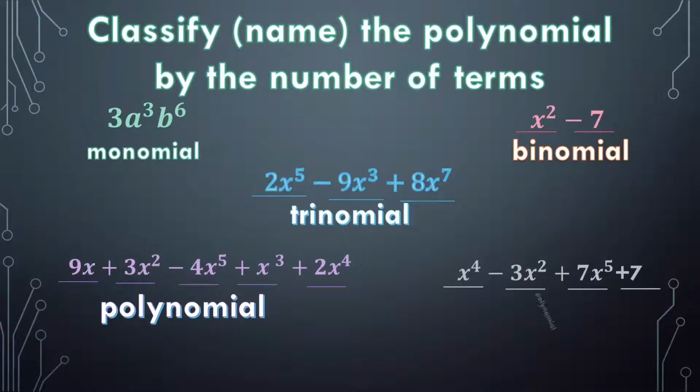Again, this is a polynomial. So my last two, the one in purple and the one in white, while they have a different number of terms, they're still both polynomials. All of these on this page are polynomials, but a monomial, a binomial, and a trinomial have special names.